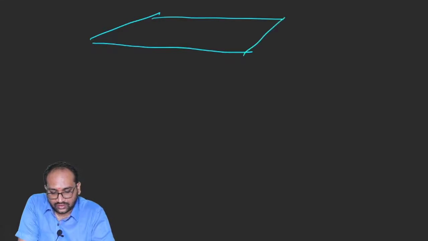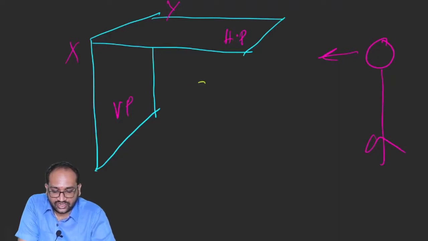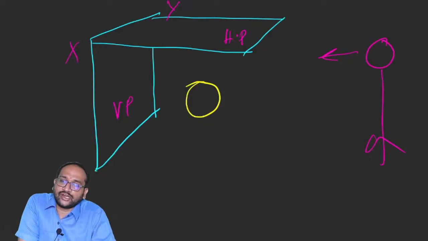Now coming to fourth angle. This is fourth quadrant and this is HP, this is VP and this is XY reference line. Observer position will not change. Observer always sees the object in this direction, and if the object is placed in fourth quadrant, it is known as fourth angle projection.